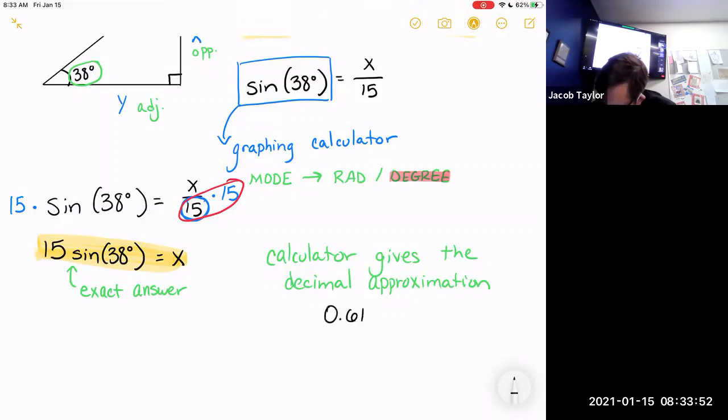The decimal approximation says it's 9.2349. Oh, so 0.6156 is just the sine? Yeah. And then when you multiply it by 15, you get what?